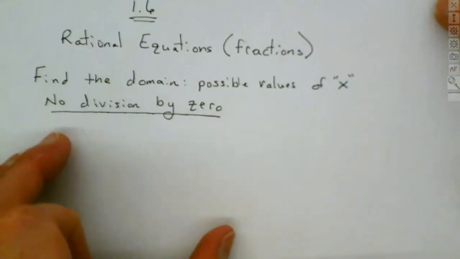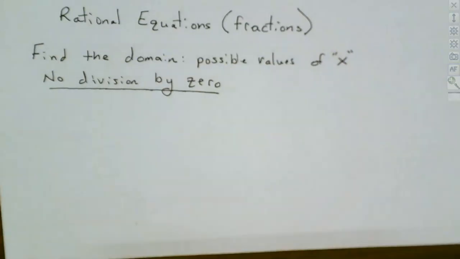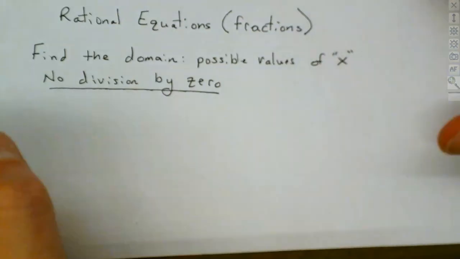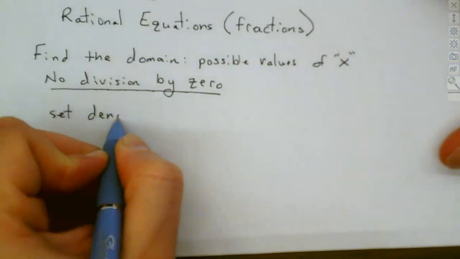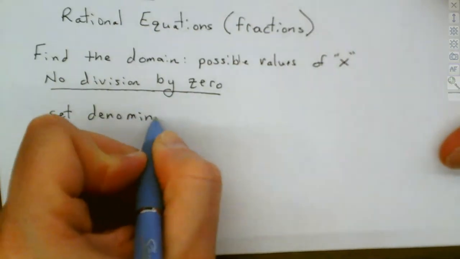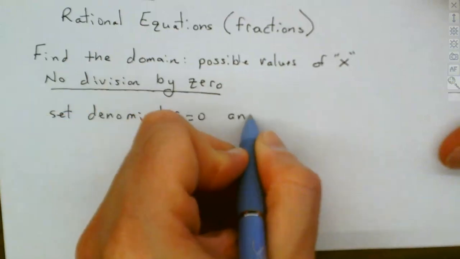So the first thing that we always do with these rational equations, the fractions, is we find out the values of the domain. What numbers can work and what numbers can't work. And how we do that is we set the denominator to 0. And then you solve.